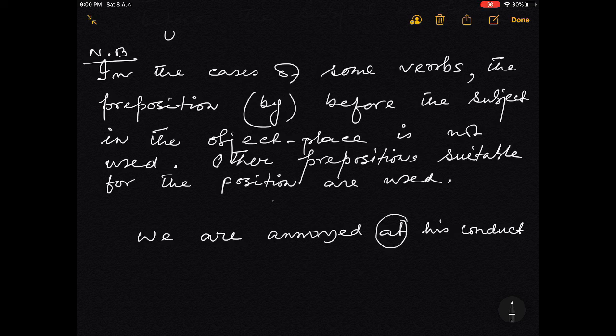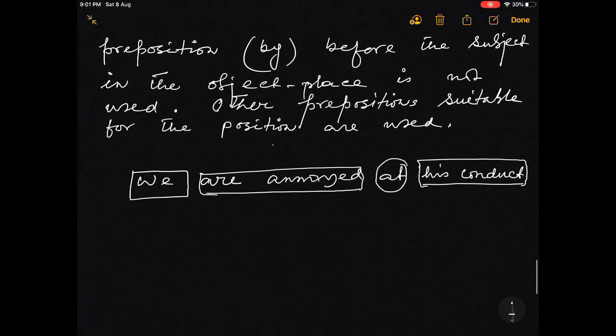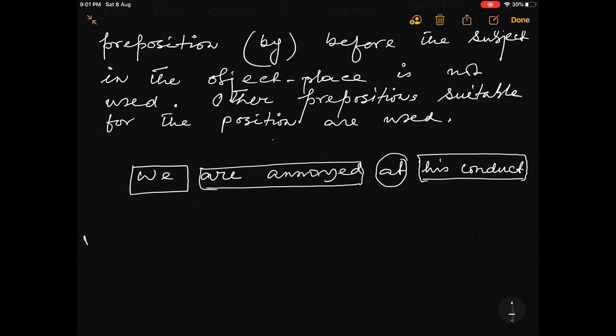Annoyed. This is a passive verb and this is the subject at the place of the object. Annoyed, not by. And this is the object in the place of the subject. And this is the passive verb.